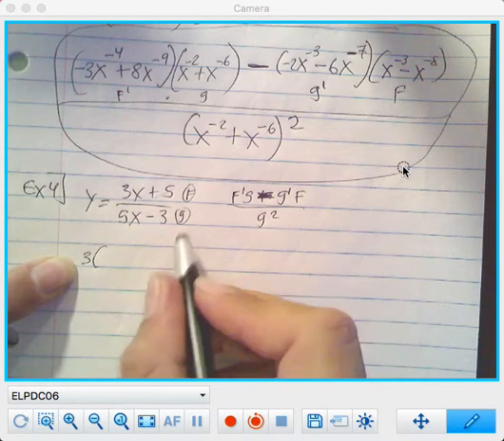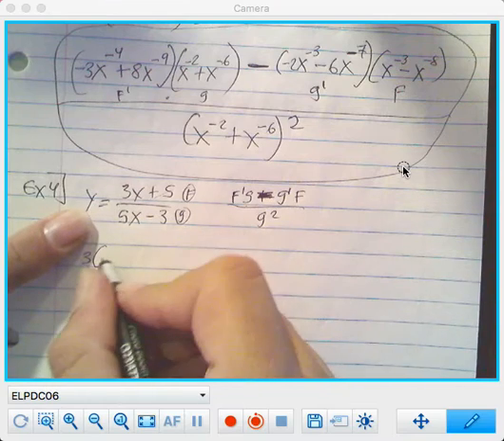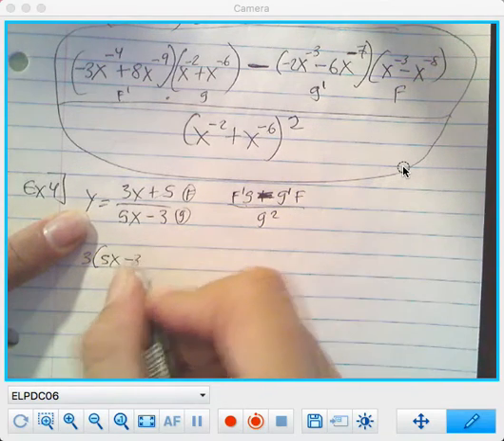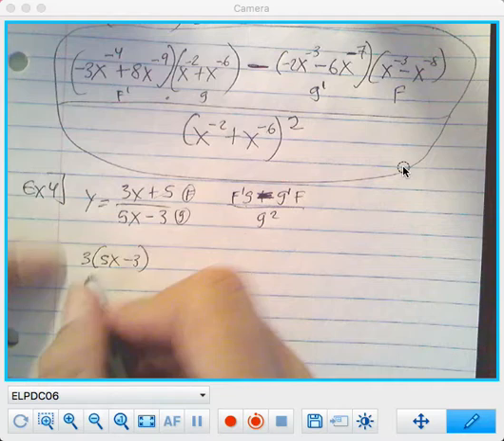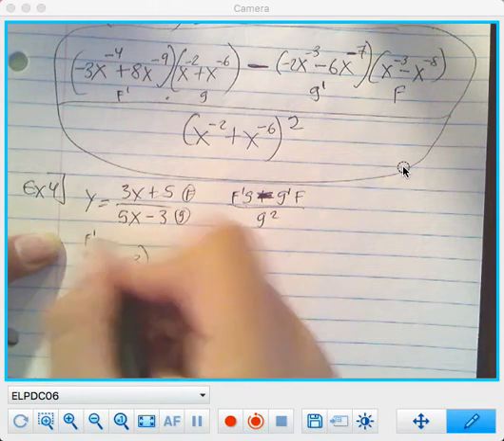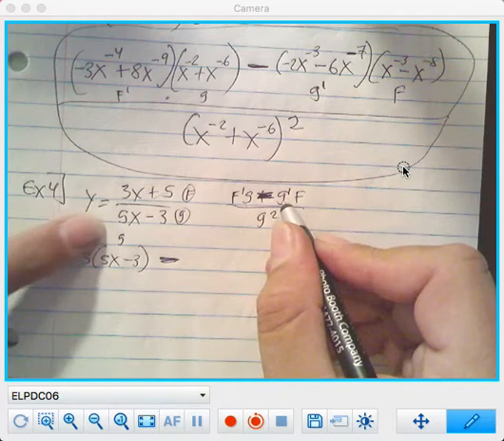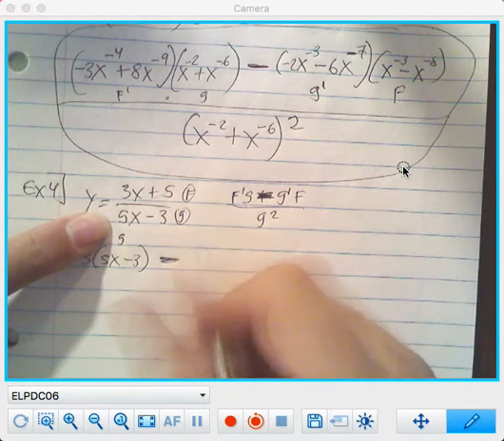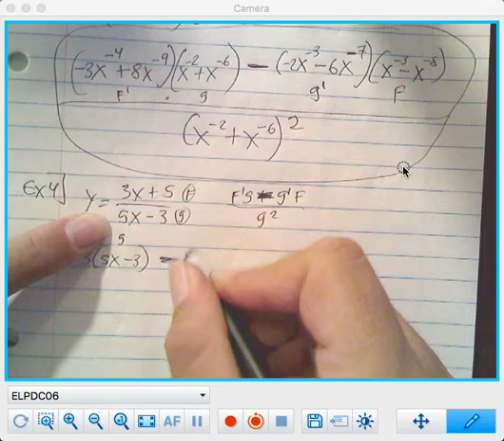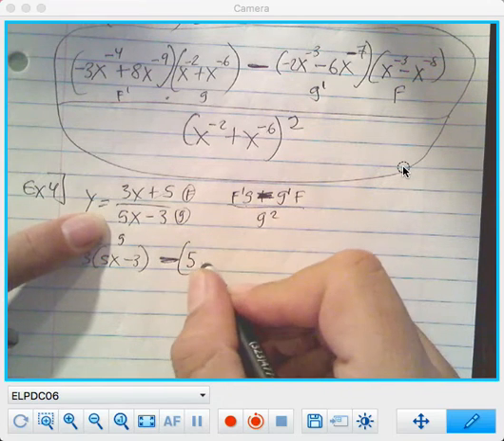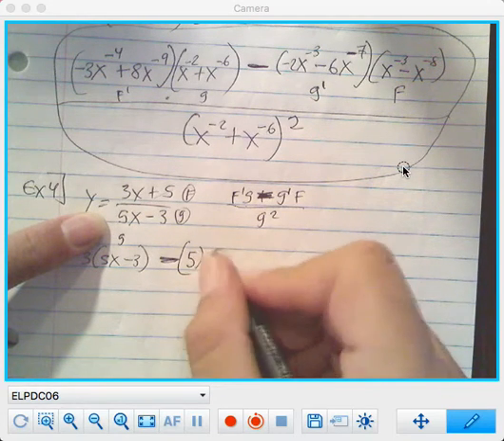What's next? Copy g. 5x minus 3. Okay, so look, I have f prime, I have g, big minus. What's next? The derivative of the bottom. What's the derivative of the bottom? 5. That's it. Okay, and then what?